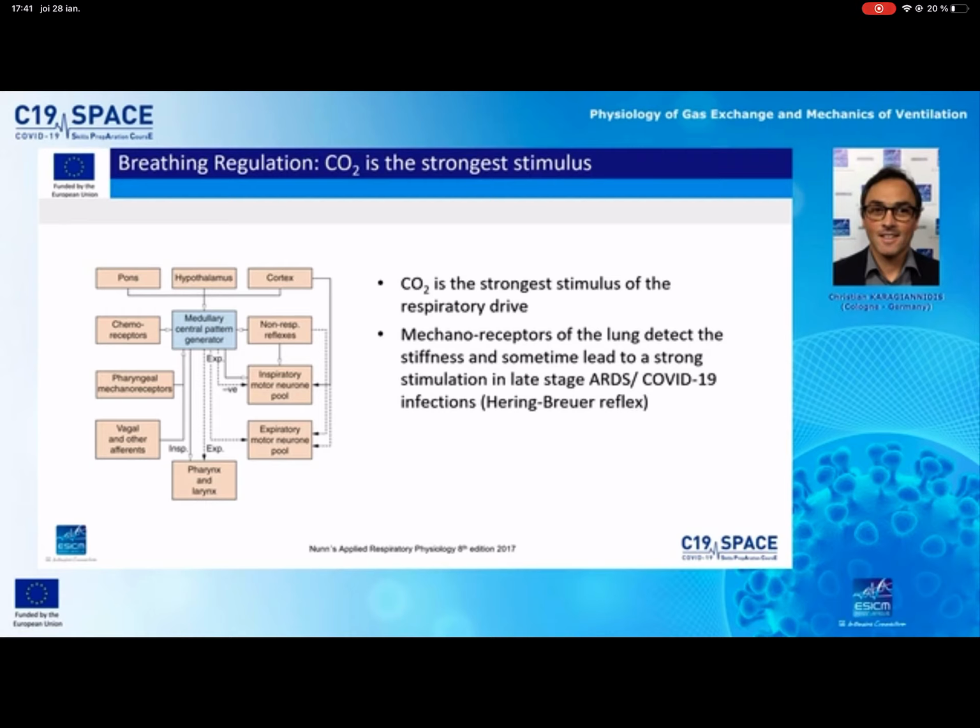This usually occurs in COVID-19 patients in the later stages if the lungs get stiff. This reflex is called the Hering-Breuer reflex and is one of the explanations why patients with COVID-19 in later stages have very high breathing frequencies despite having a normal CO2 or even a CO2 below the normal level.